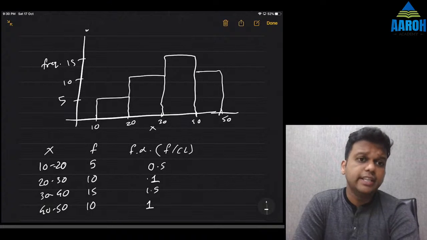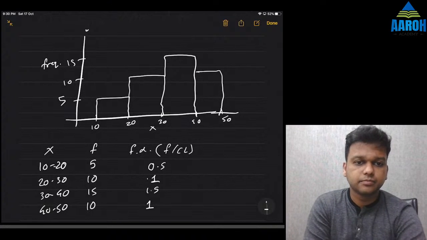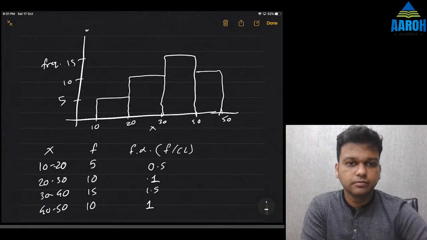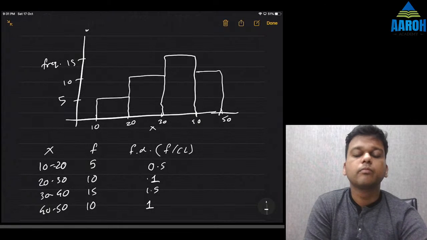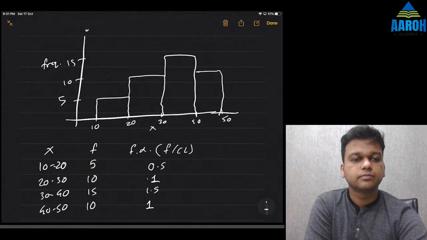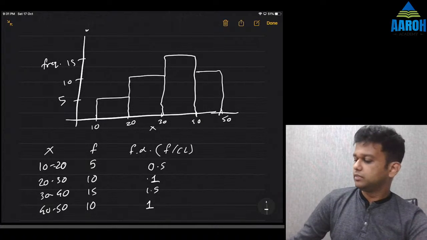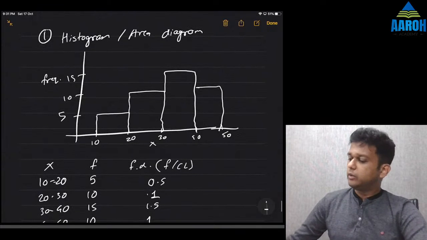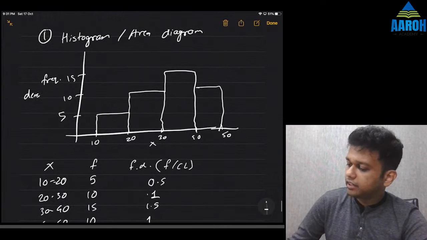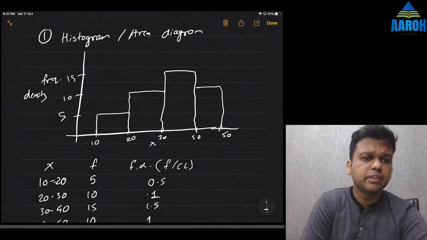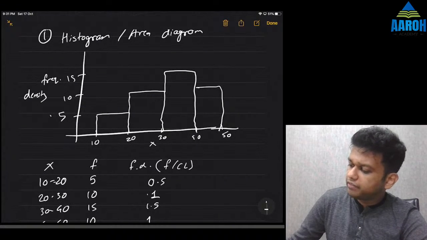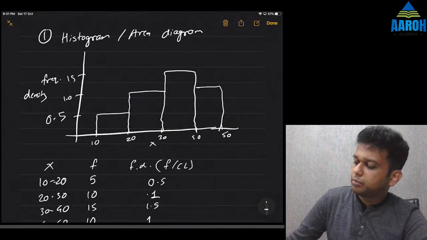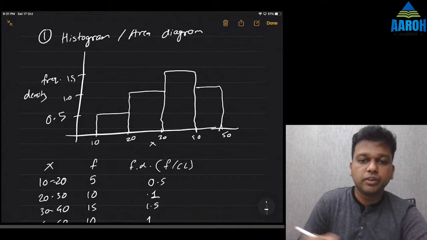Check whether everyone has got these frequency densities. Correct: 0.5, 1, 1.5, 1. Now, even if we plot frequency density here, this diagram will have a similar shape, because instead of 5 we'll write 0.5, instead of 10 we'll write 1.0, instead of 15 we'll write 1.5.